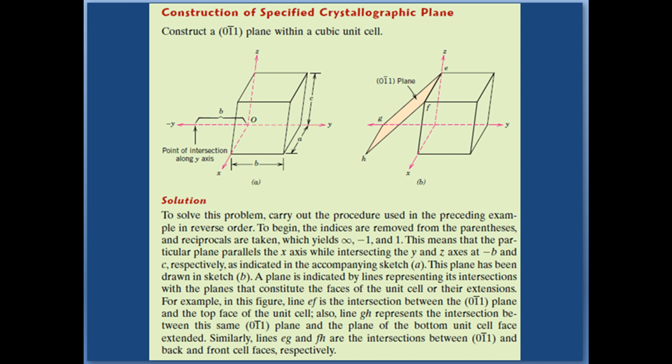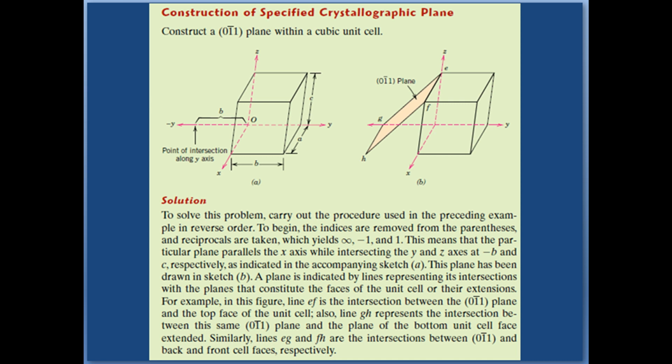To solve this problem, carry out the procedure used in the preceding example in reverse order. This is the exact procedure used to determine the indices, but we utilize it in reverse.